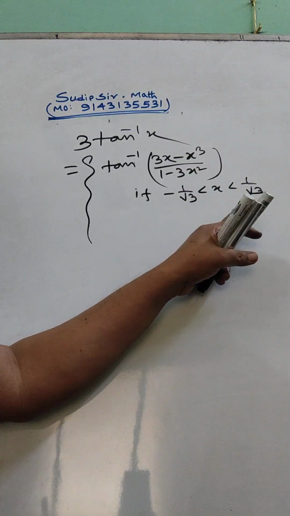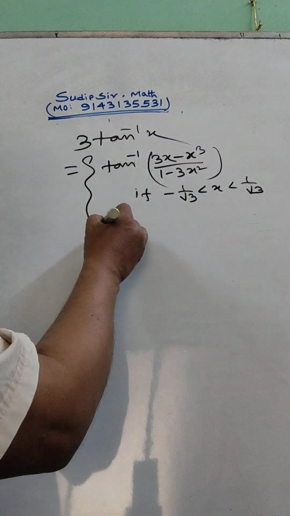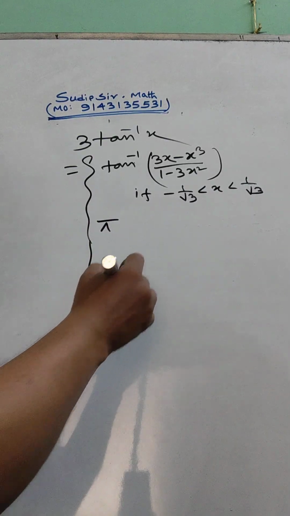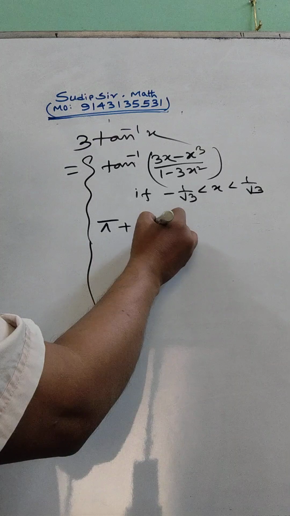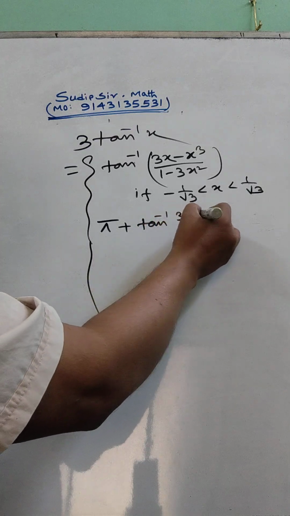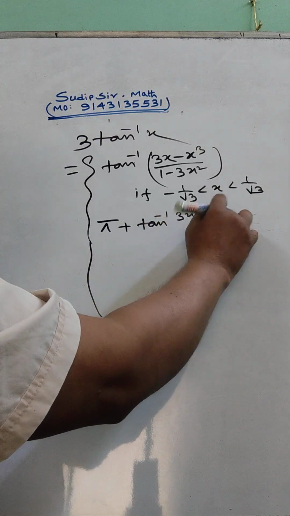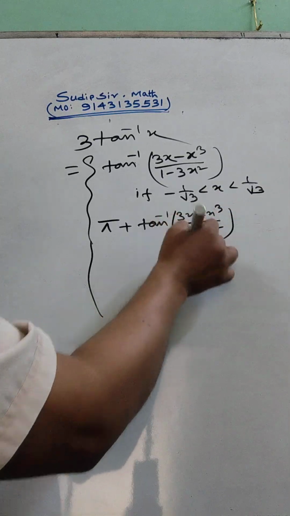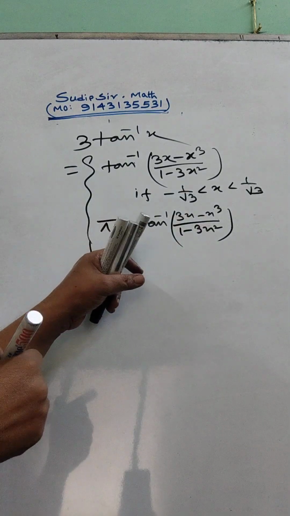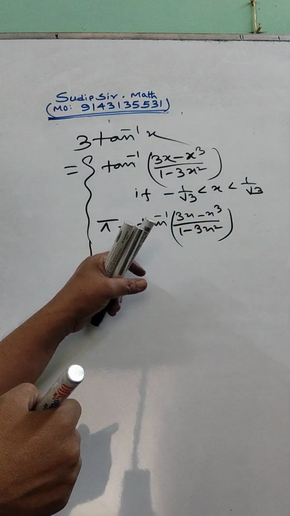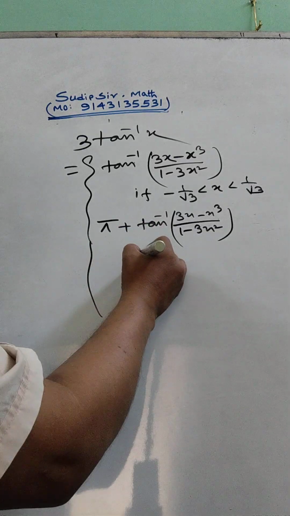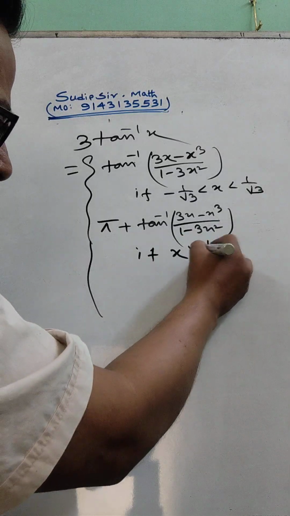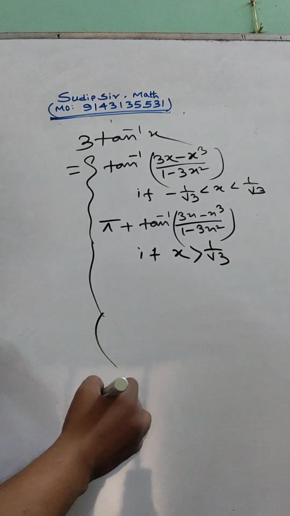This can be written as pi plus tan inverse of 3x minus x cube by 1 minus 3x square, if x is greater than 1 by root 3.